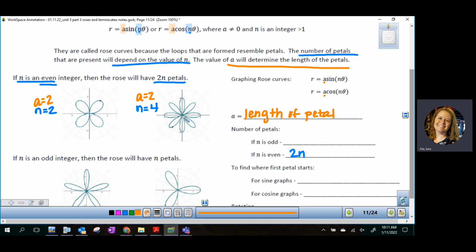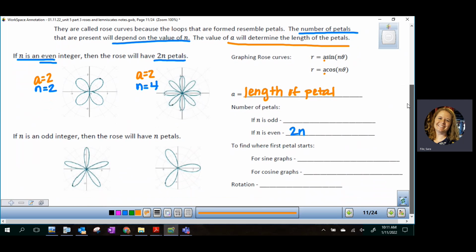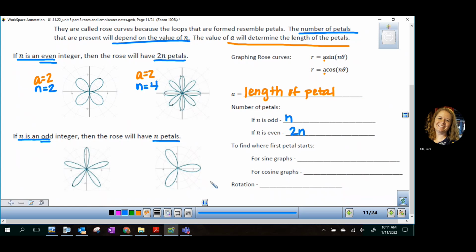If you have to work backward from the graph, you need to be able to identify that stuff. Now, what if n is not even? You don't double. If n is odd, that's how many petals there are. If n is odd, there are n petals. So in this example, there's 5 petals, so that means n must be 5.